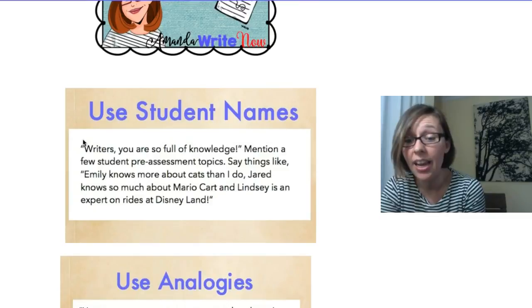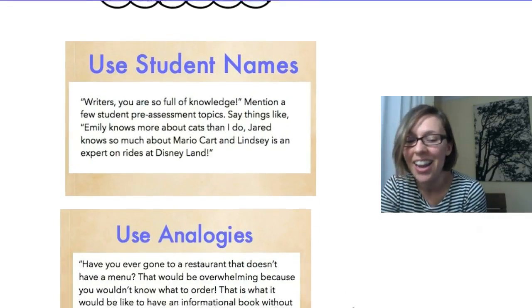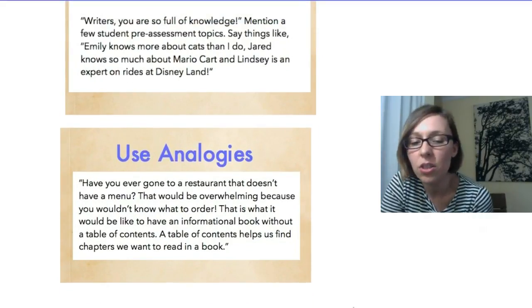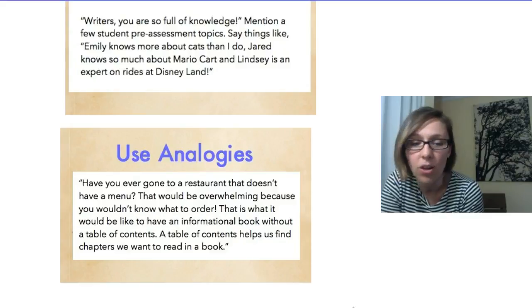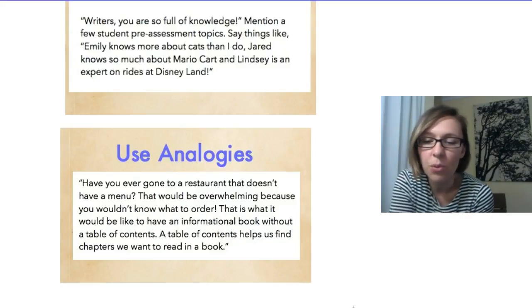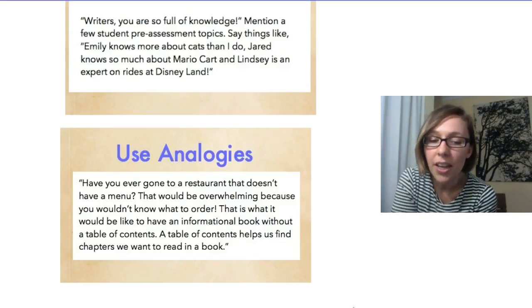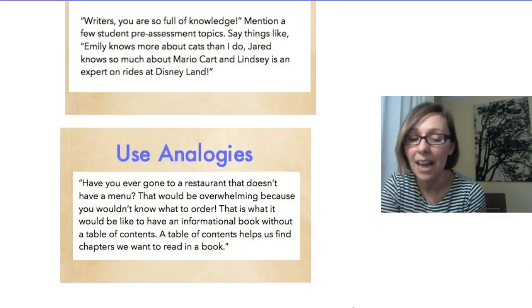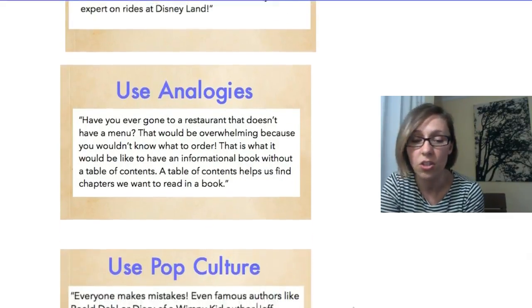So one way to hook students is by using their names. That really gets kids' attention. Using analogies, like every student has probably been to a restaurant before. So, if you're writing an informational book, a table of contents is so important, just like a menu at a restaurant is so important. So using analogies is a really great way to hook your students.